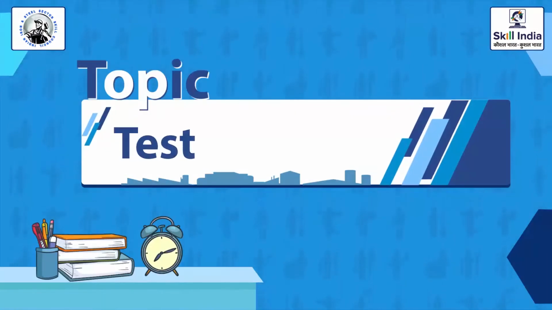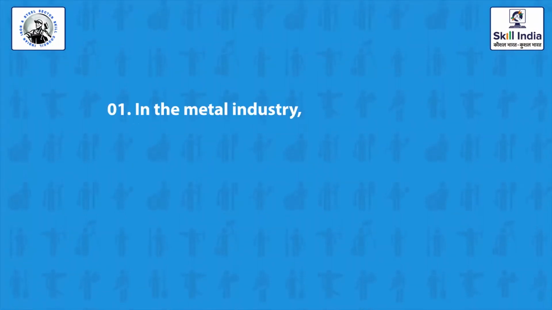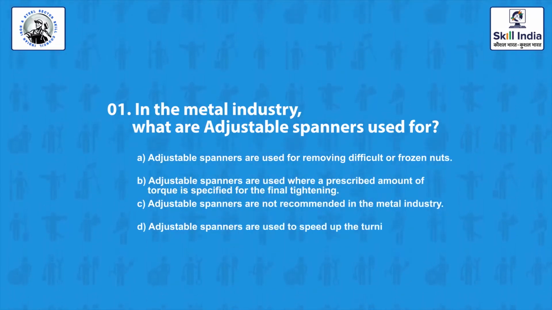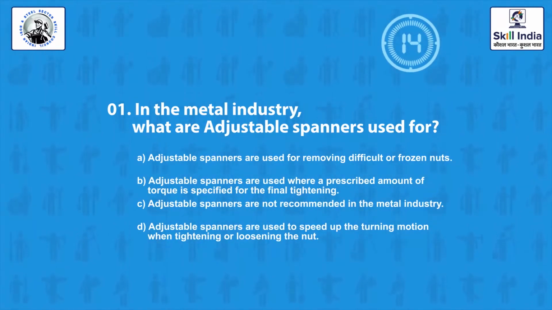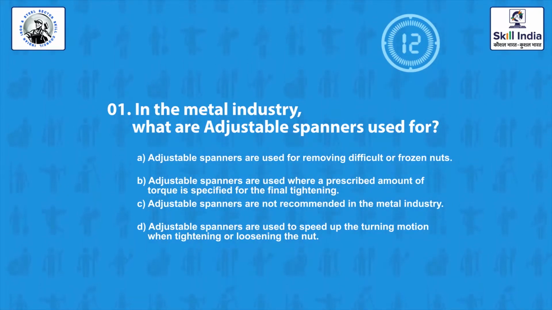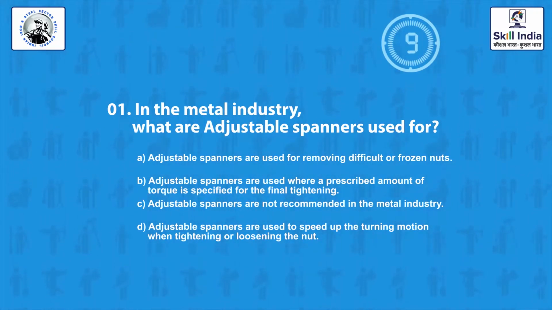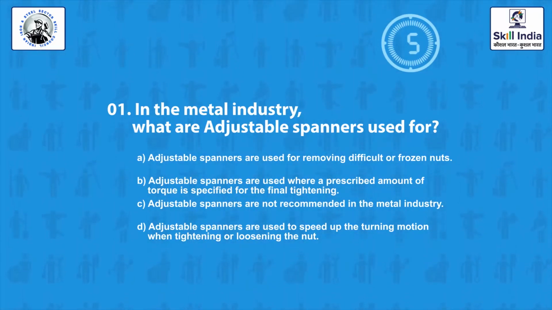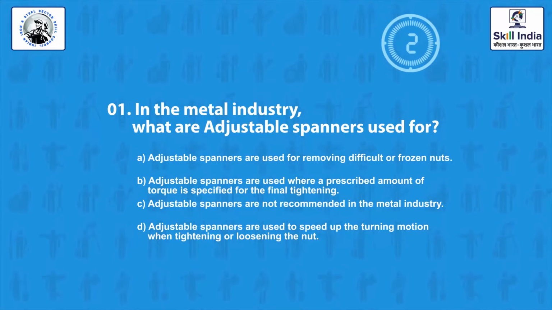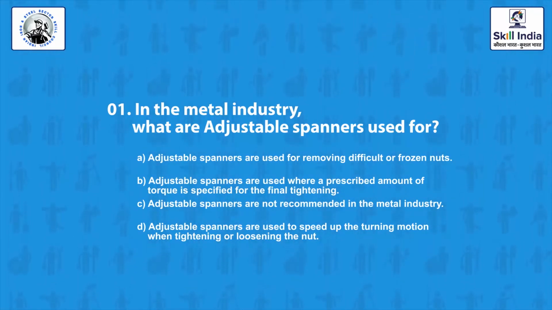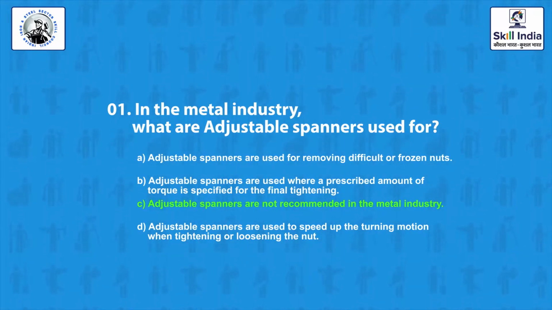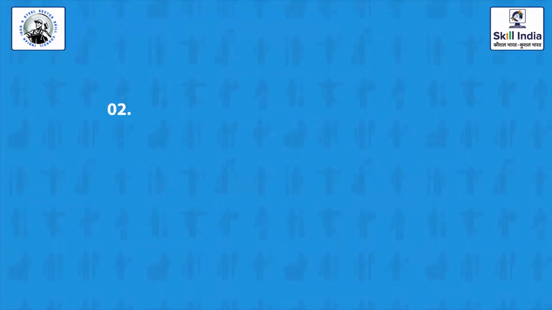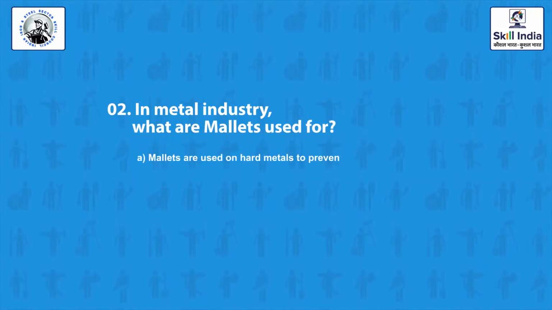Now let us check your understanding with the help of a small test. Question 1. In the metal industry, what are adjustable spanners used for? Correct answer is C. Question 2. In the metal industry, what are mallets used for?